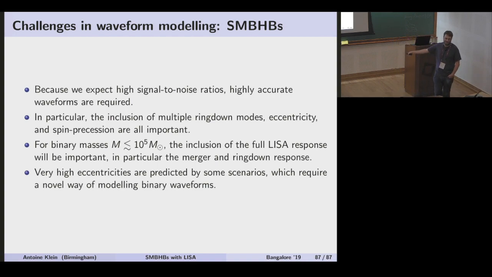So you need to include that in your merger and ring-down response. And yes, some scenarios predict very high eccentricities, up to 0.9, and we don't have any waveforms to model such high eccentricities.